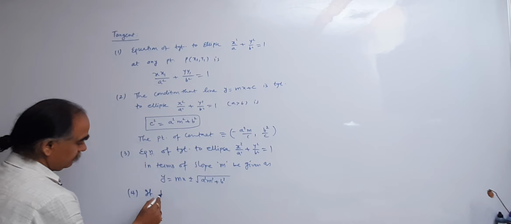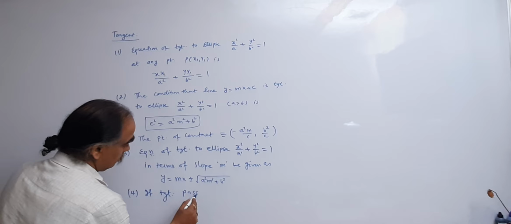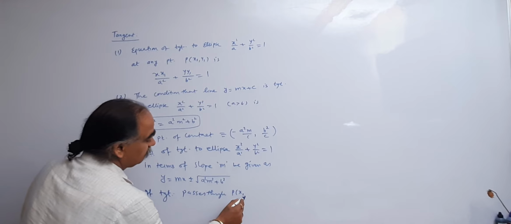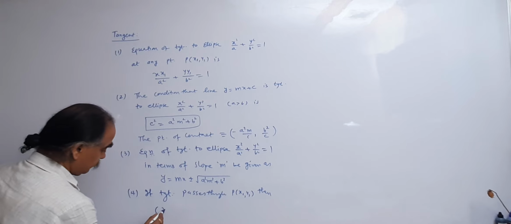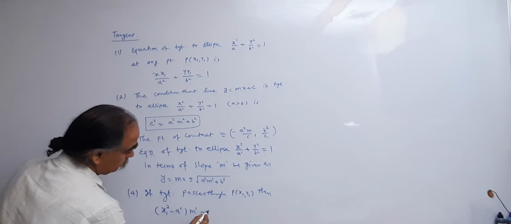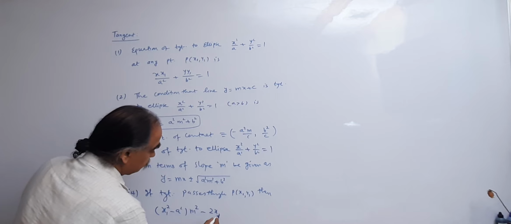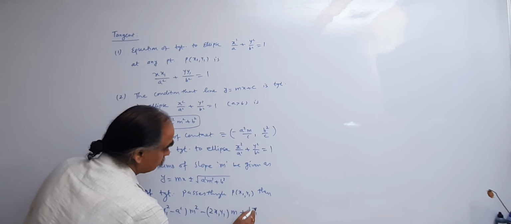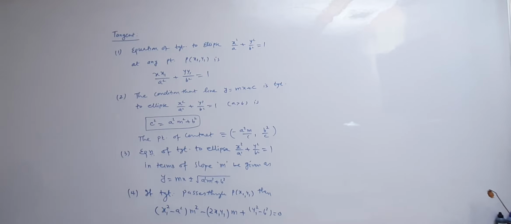If a tangent passes through P(x1, y1), then (x1 square minus a square) into m square minus 2x1 y1 into m plus (y1 square minus b square) is equal to 0.